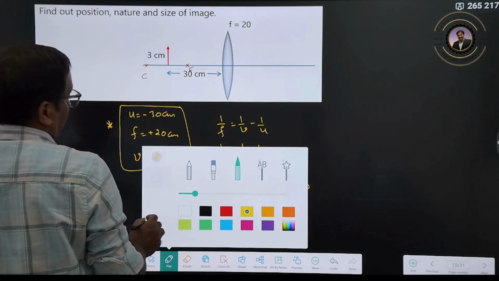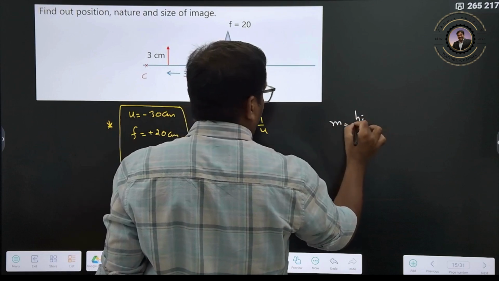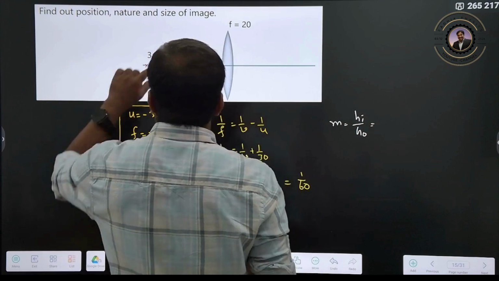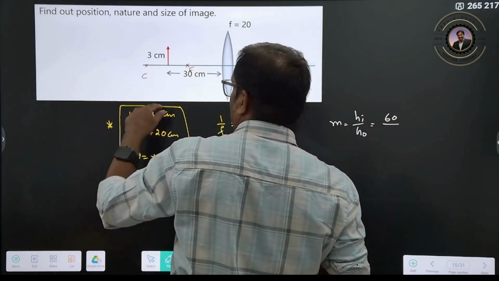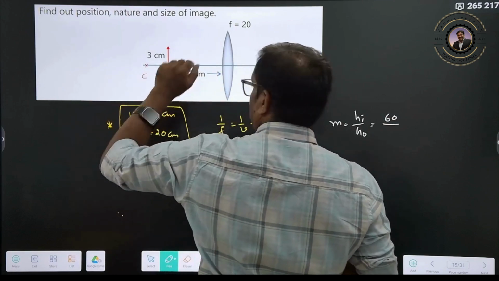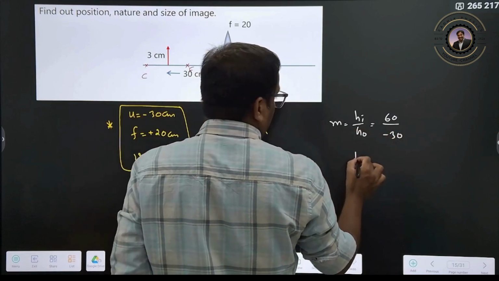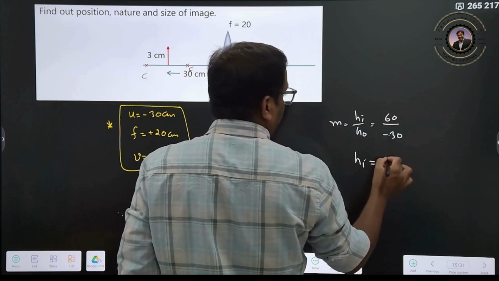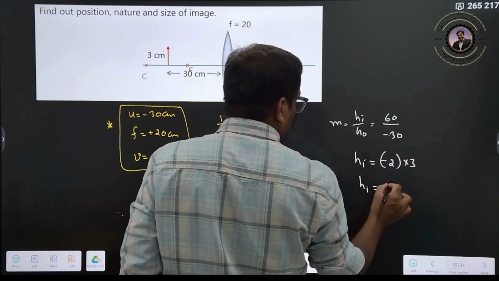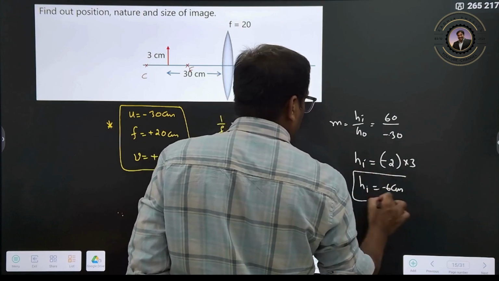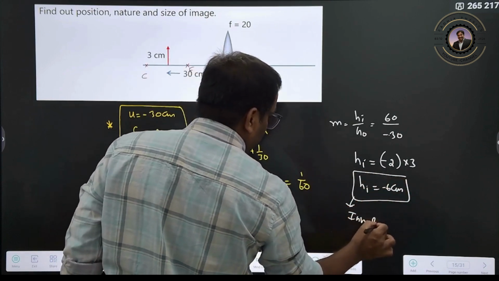Now we want to calculate the size of the image also. Therefore magnification, we can write, height of the image by height of the object is equal to v by u. V is 60, divided by u. U is minus 30. Height of the object is 3, so height of the image is minus 2 into 3, therefore minus 6 centimeters. Minus indicates that it is an inverted image.